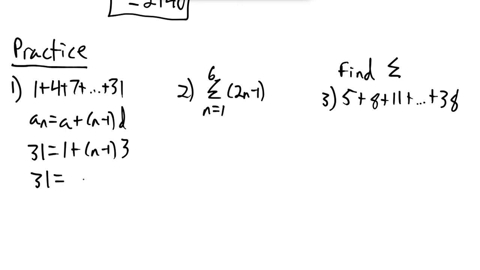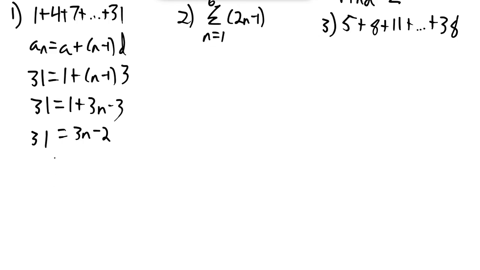So 31 is equal to 1 plus 3n minus 3, or 3n minus 2 is equal to 31. Solve for n here, and we're going to get 3n is equal to 33, or n is equal to 11.